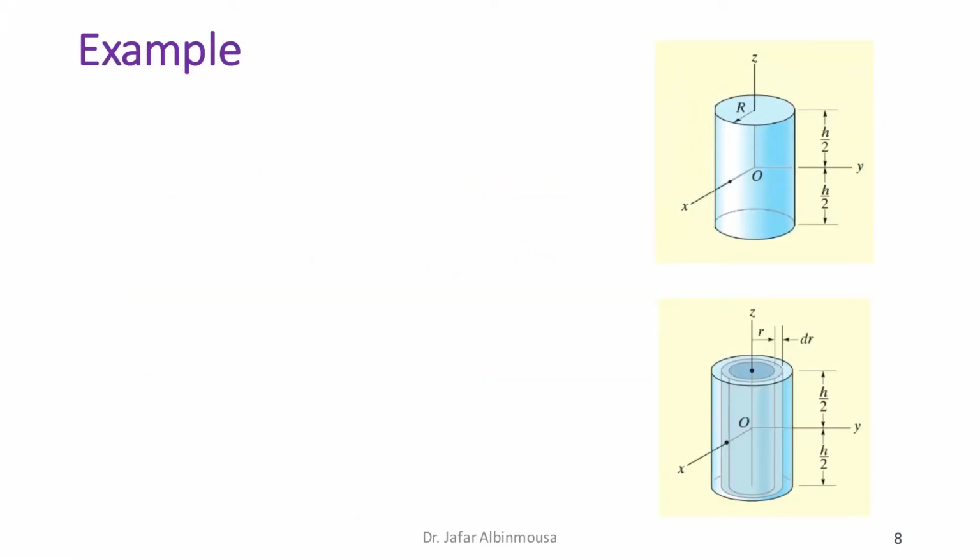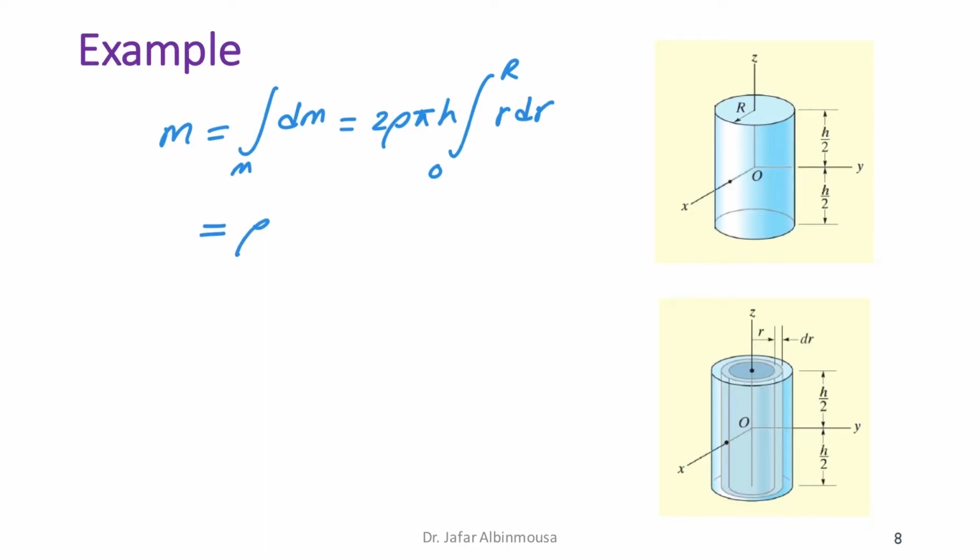The entire mass of the cylinder, m, is equal to the integral over the mass element, and we know what dm is. It is 2 rho pi h, the integration from 0 to capital R of r dr. And if we integrate this, we will get rho pi h r squared.